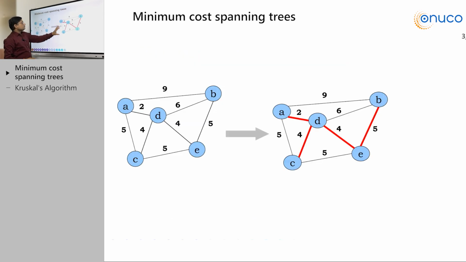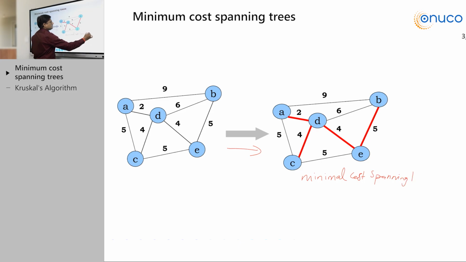We have seen how to find the minimal cost spanning tree from a given graph. We can see that the number of vertices is 5, and the number of edges is 1, 2, 3, 4, 5, 6, 7, 8, right?